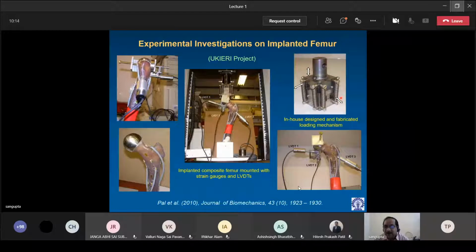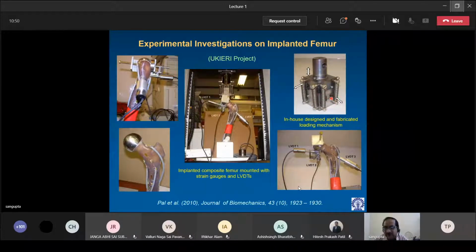Now this was designed in our laboratory. It's still there in the laboratory, but unfortunately I could not show you. This is a load application mechanism designed and fabricated here. So it tries to mimic the biaxial or triaxial type of loading that is present in case of a natural hip joint.